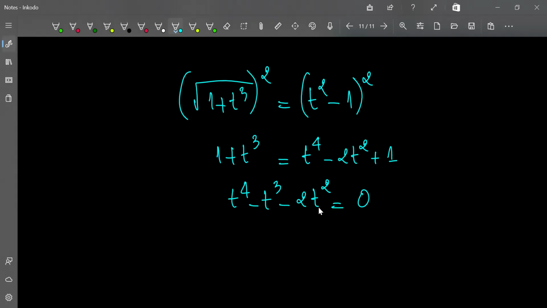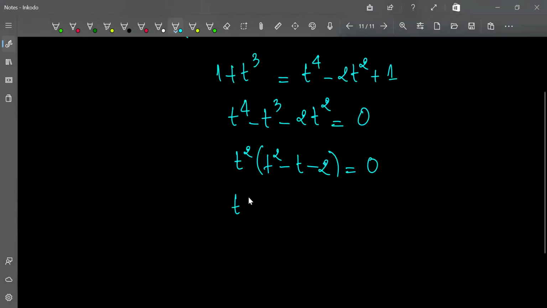Okay? So we can factor out t squared. So we can write t squared times t squared minus t minus 2 equal to 0. Okay, then this expression I can write as t minus 2 times t plus 1.